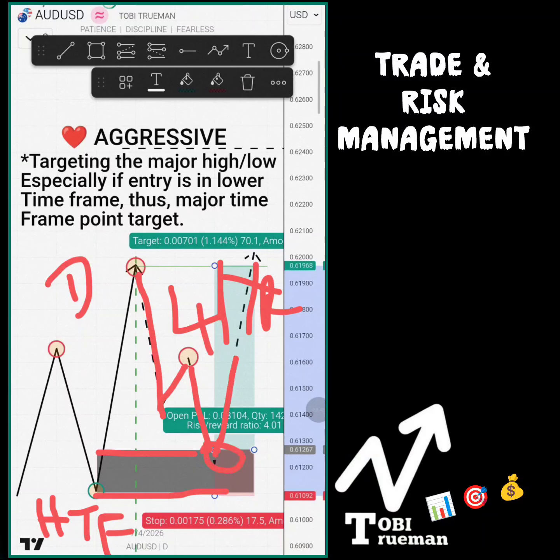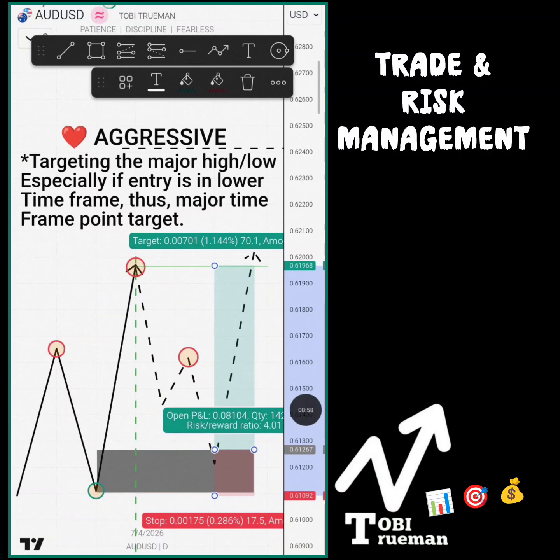Now we are going to be taking this price to the high point. You can see that this is the high point of the daily, which is our higher time frame. This is the high point of the 4-hour time frame, this particular point here. I hope you see it.